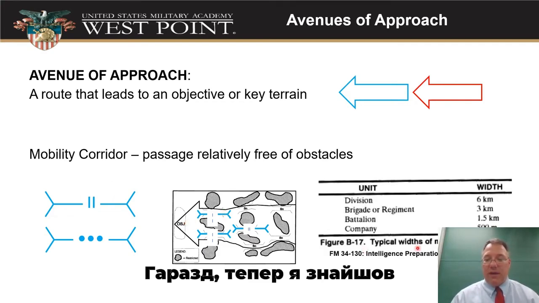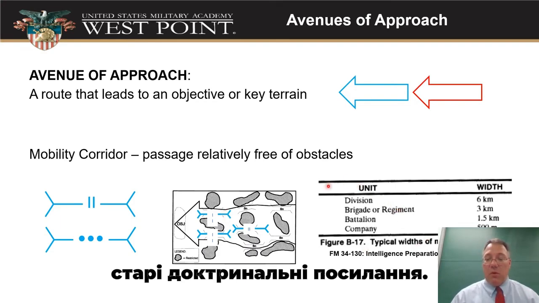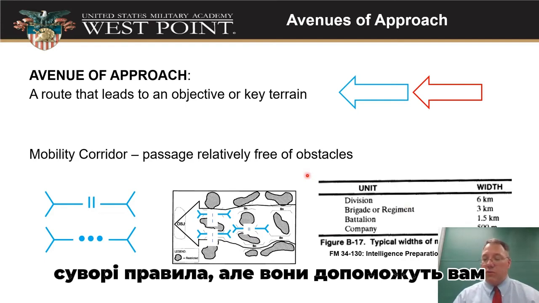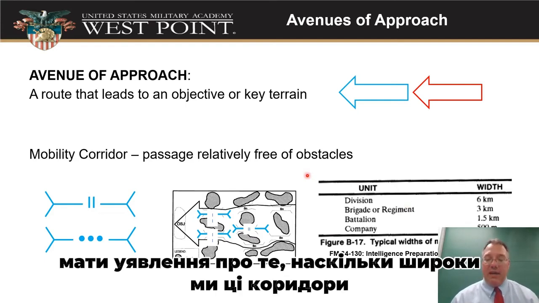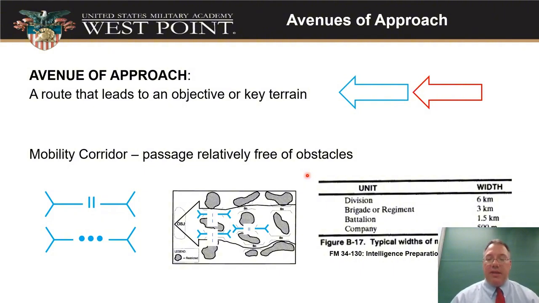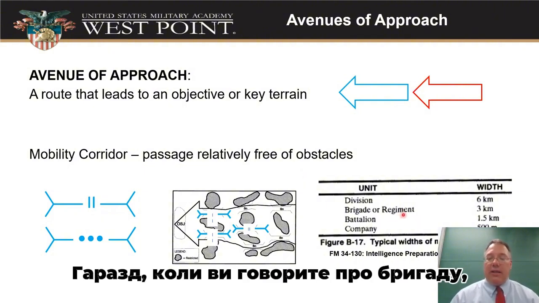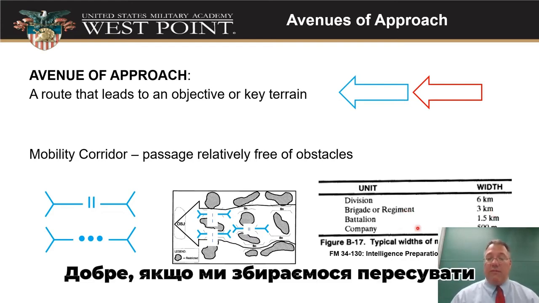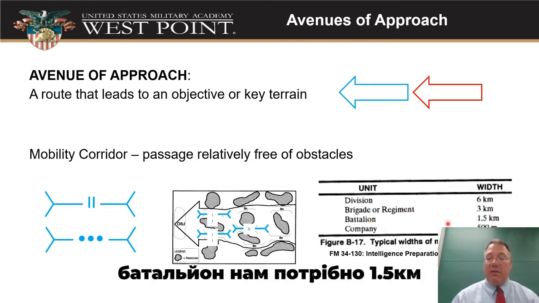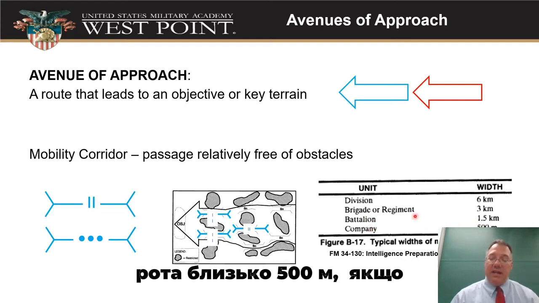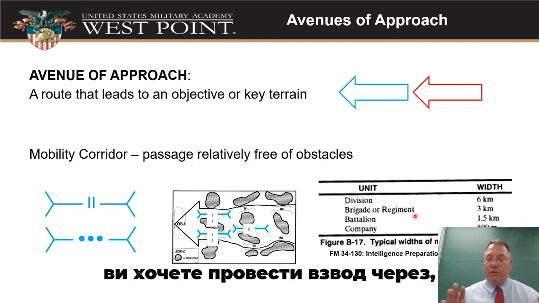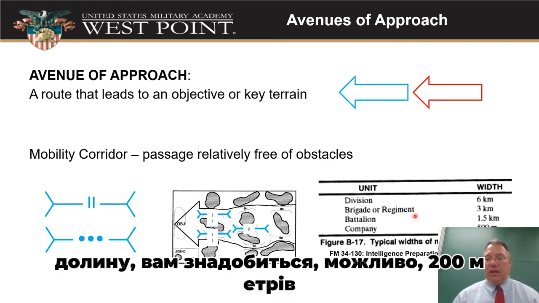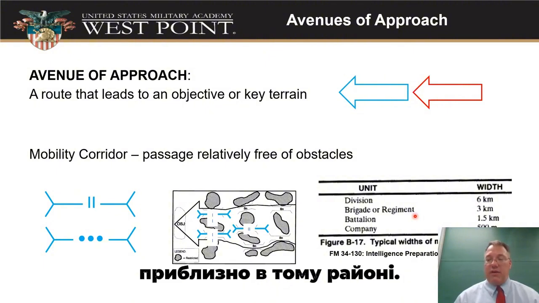Now, I've gone out and found some old doctrinal references. Now, these are guidelines. These are not hard and fast rules, but to help you have an idea of how wide these things need to be, all right? When you start talking about pushing a brigade through a place, you need like a 3-kilometer width. If we're going to put a battalion through, about 1.5 kilometers, company about 500. If you want to put a platoon through between 2 hills or down a valley, you're going to need maybe 200 meters roughly in that neighborhood.